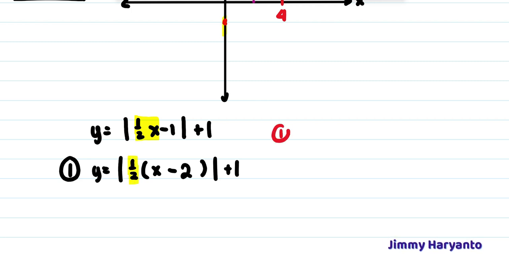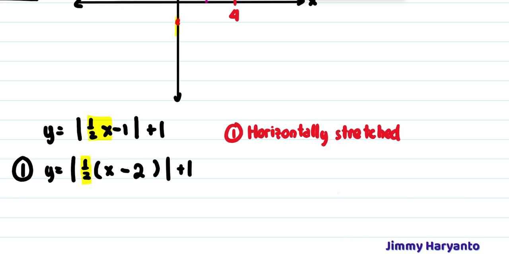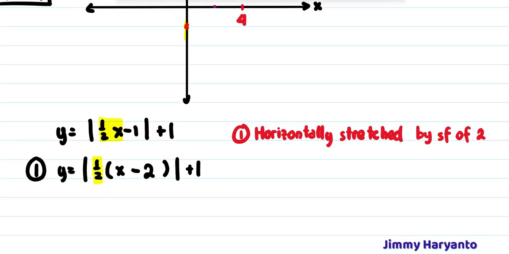That means horizontal stretch by the scale factor of 1 over 1 over 2. So the result will be 2. So it will be horizontally stretched by scale factor of 2. That means the line later will be wider.